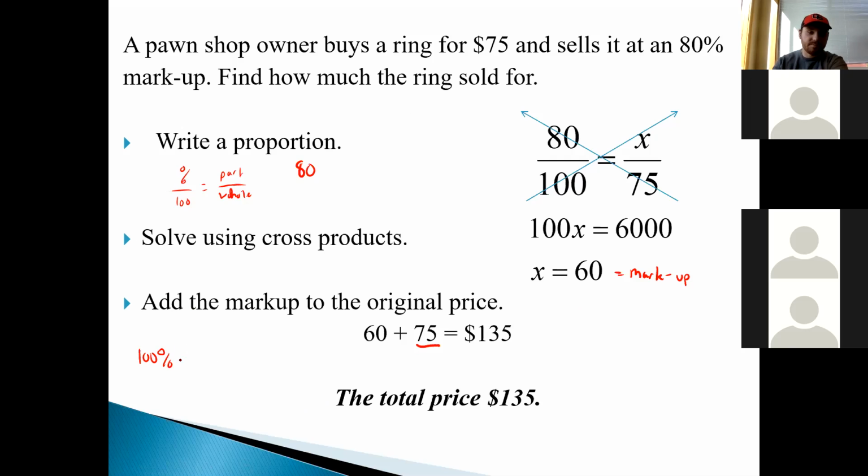Yep, 180. So that'll go to 180%. What is 180% as a decimal? 1.08. Not quite. It's 1.8. Yep, there you go. And 1.8 times 75. Again, if we plug that into a calculator, I'll just spoil this one for you. You're going to get 135, which is the same answer.